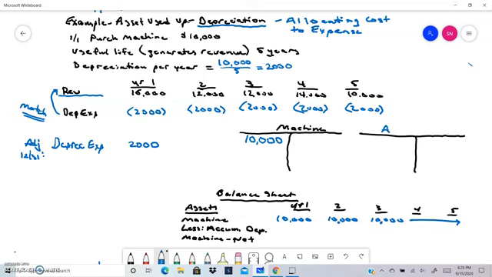So we're going to use a separate account called accumulated depreciation, and that's a contra asset account, and it's going to tie itself directly to the machine account. So what we're going to have here is a credit to that accumulated depreciation account for $2,000. So this is like an asset account.